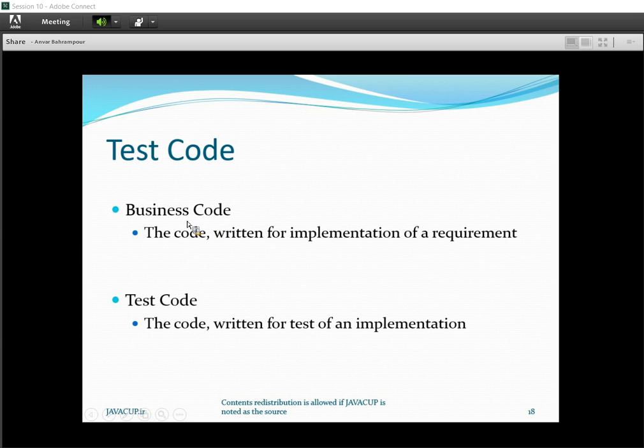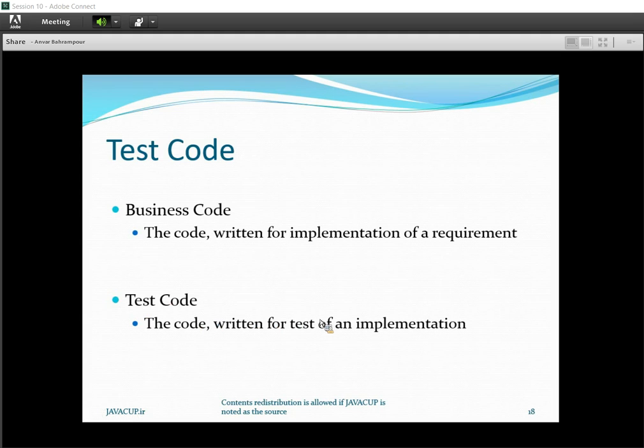What's the business code? The business code is the code written for implementation of a requirement, which provides the functionality of our software, our product. The code which implements our classes, our methods of the main program or main product. But the test code is code that's written for testing the business code.